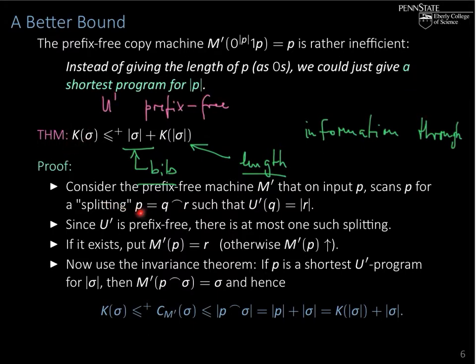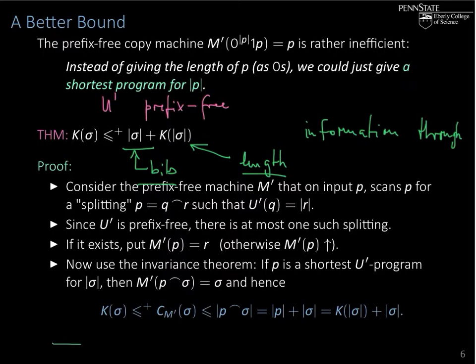So we're looking for a splitting into two parts Q and R, such that when I input the Q part into the universal prefix-free machine, I get the length of R as an output. Remember, we always identify natural numbers with binary strings.